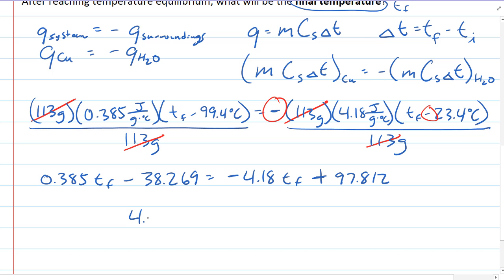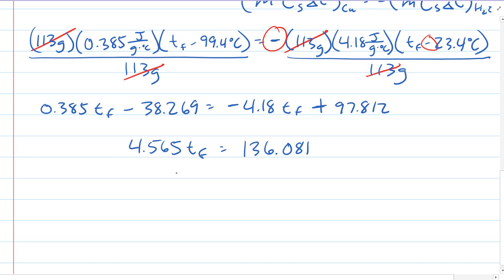But on this side, I'll get 4.565 T sub F. And then I'm going to add the 38.269 to each side. And on this side, I'll get 136.081. So again, we're just grouping like terms together.